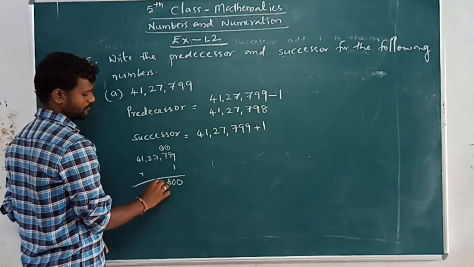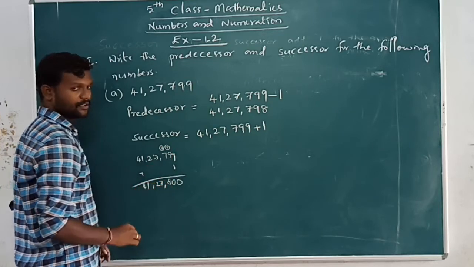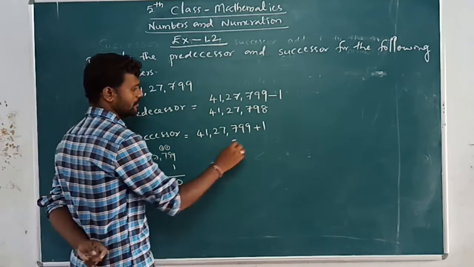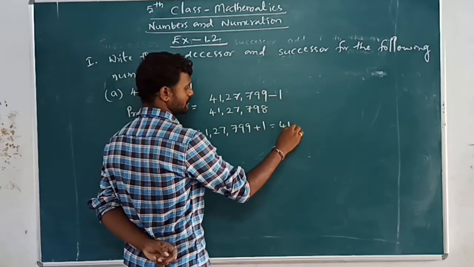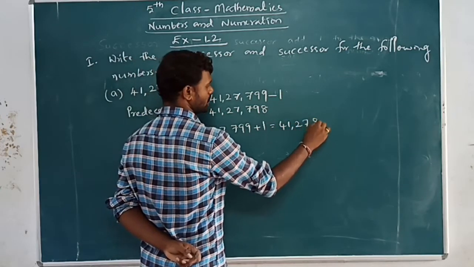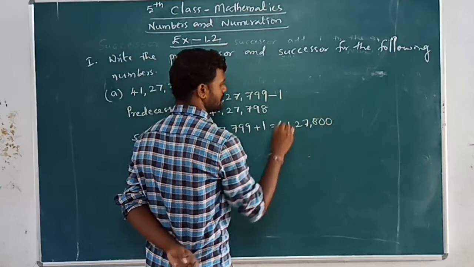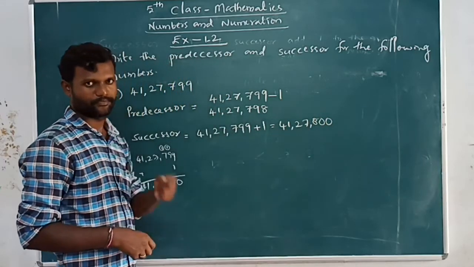So the remaining are all the same. What is the number we are getting here? 41 lakhs 27,800. This is the successor for the given number.